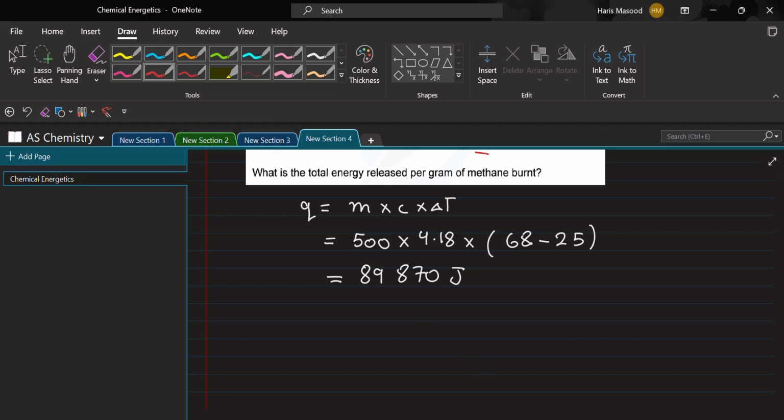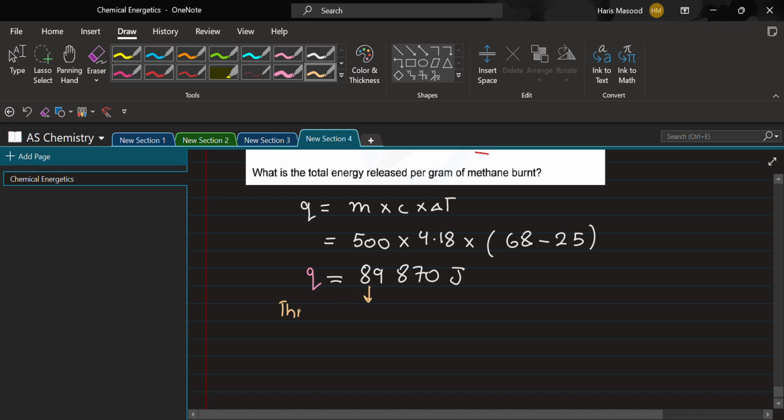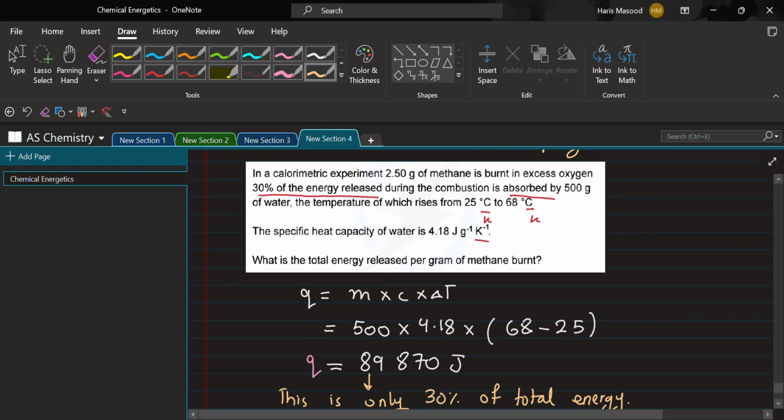This is the 30% energy, I will write it here. This is only 30% of total energy, because from the total energy only 30% was released, which was absorbed by water.